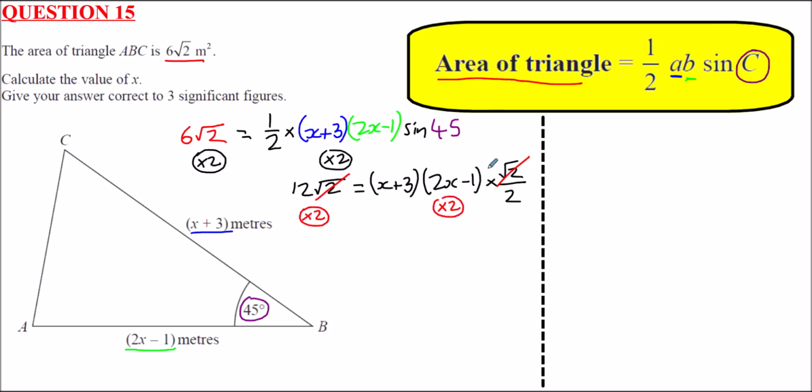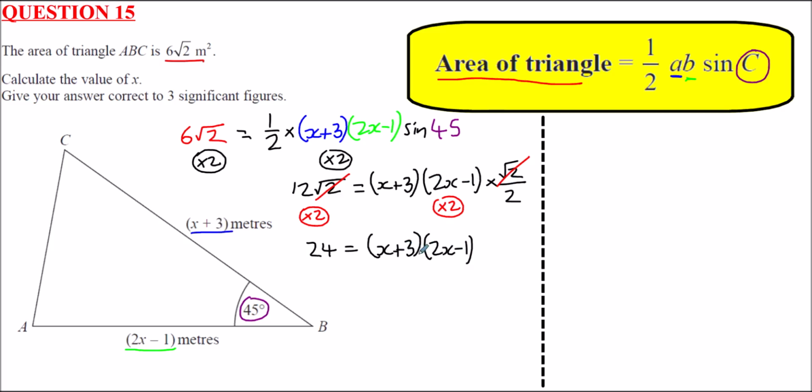So after cancelling off root 2's, so the root 2's have disappeared, I have 12 here, so 12 times 2 gives 24. After cancelling off a root 2, that becomes half, but if I do half multiplied by 2, that just gives me 1 unit. So I'll just be left with x plus 3 brackets 2x minus 1 multiplied by 1, half times 2 is 1, but obviously times it by 1 stays as it is, so I've just got these brackets here, and that's all I need to consider.